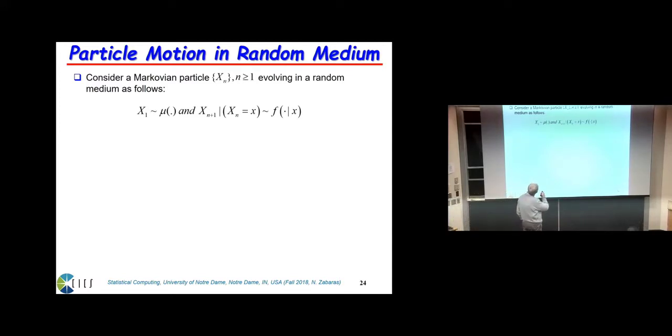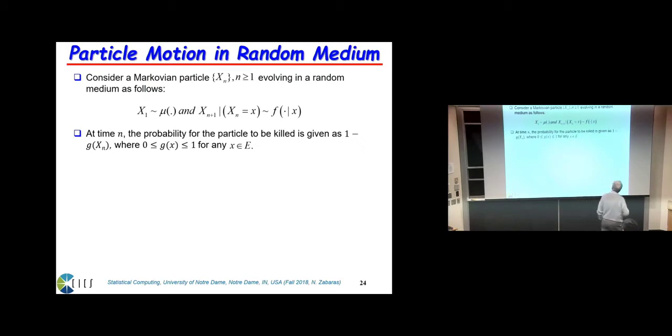I call it a particle, a random variable that evolves with time. And I sample x1 from some initial distribution. This is my transition model, exactly as before. And let's say that we're interested in the probability of some failure, or in this case, the probability of the particle being killed. Some rare events, right?